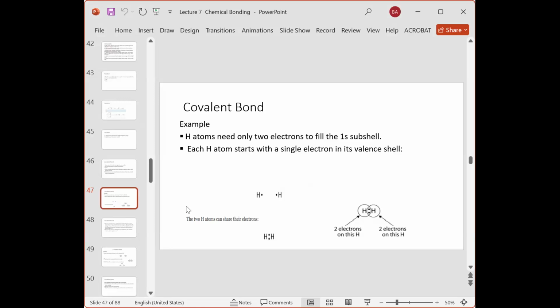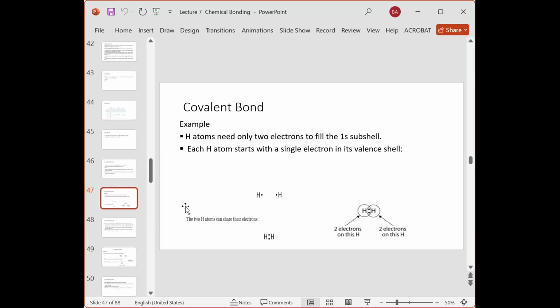Taking for example hydrogen. The hydrogen atom has only 1 electron on its atomic shell, in the 1s subshell. But for hydrogen it is different. It is not an octet of 8 that we are talking about. To achieve stability, hydrogen has to have two electrons on its atomic shell.